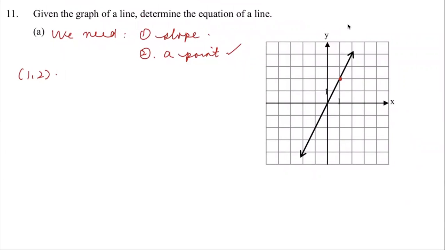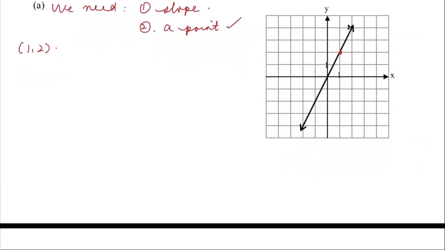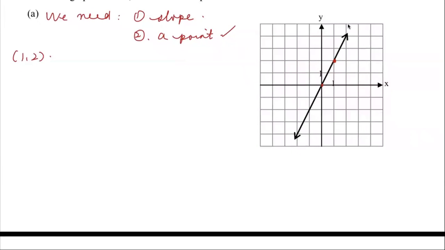Okay. Now let's find the slope. How do we find the slope? There are different ways. You can use another point. For example, you can find this point. This is 1, 2, and this is 0, 0, right?